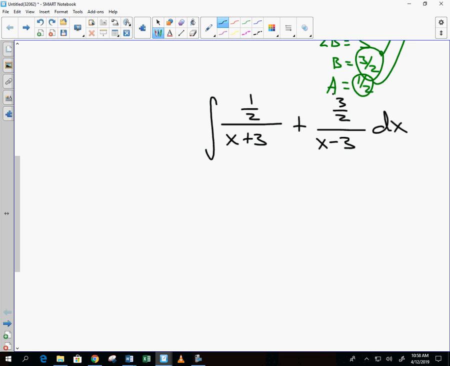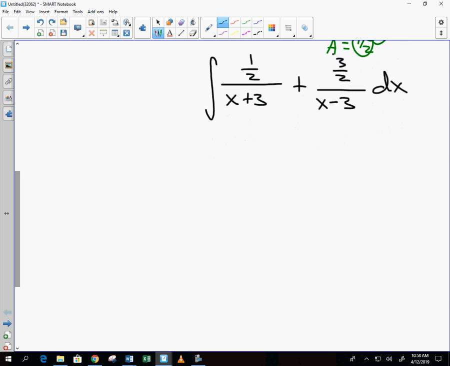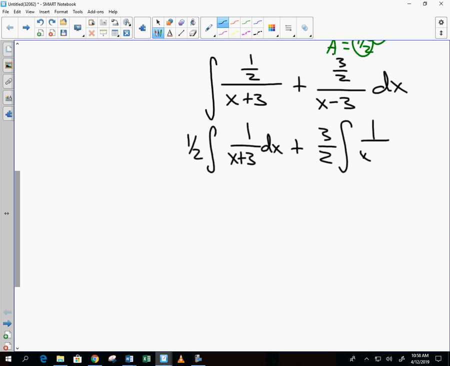I say I'm going to take the addition and I'm going to break it up into two integrals. So I'm going to factor the 1/2 out front. 1/2 times the integral of 1 over x plus 3 dx. Plus factor the 3/2 out. 3/2 integral 1 over x minus 3 dx.